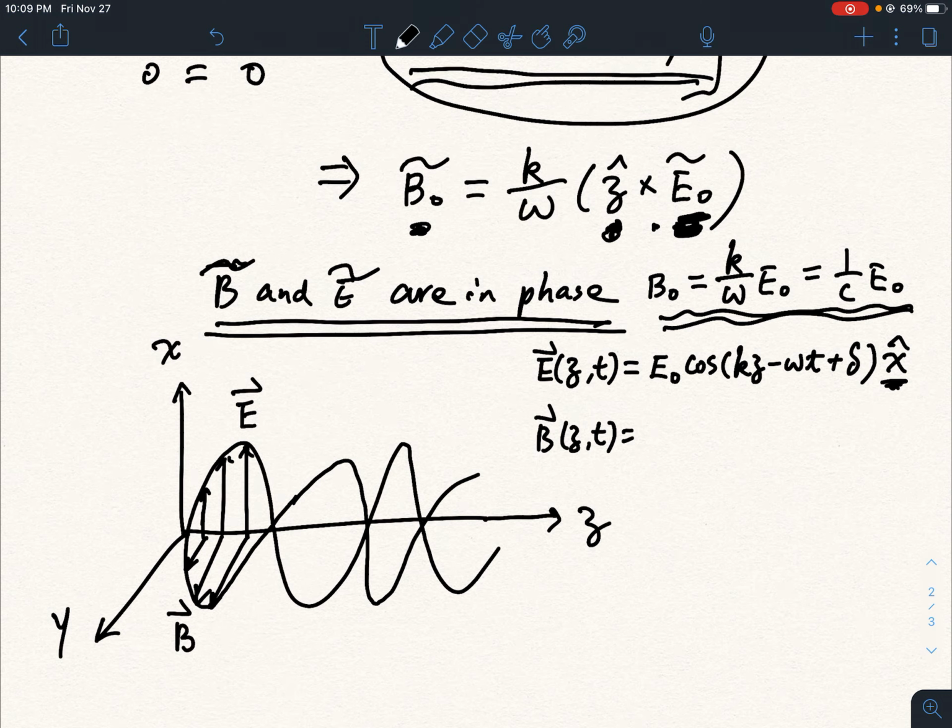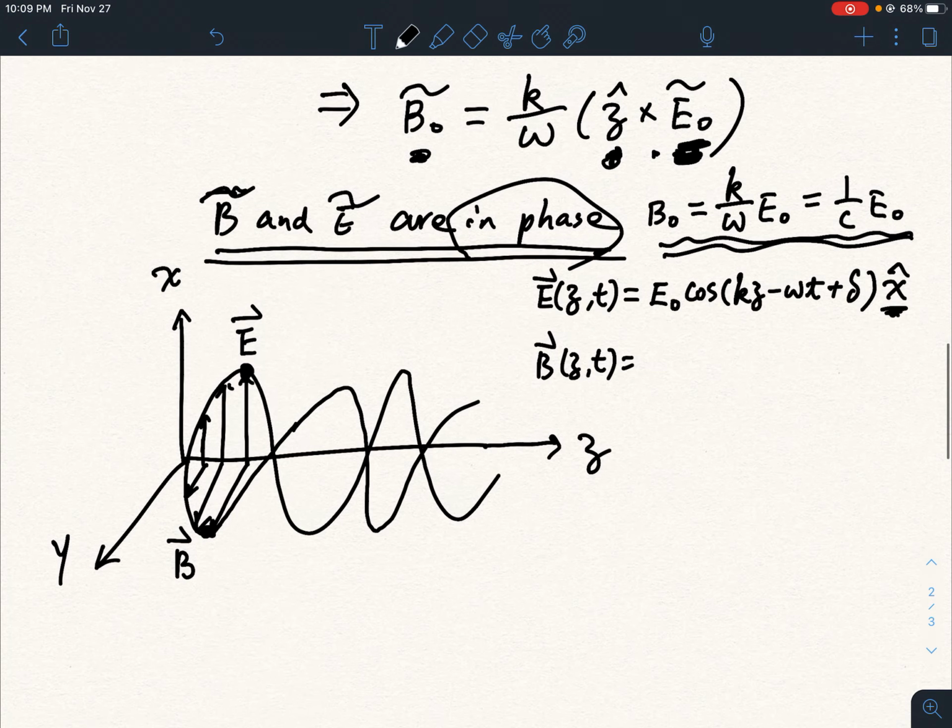One is on the xz plane, and the other one is on the yz plane, and they are in phase. So when the electric field reaches the maximum, the magnetic field also reaches the maximum.